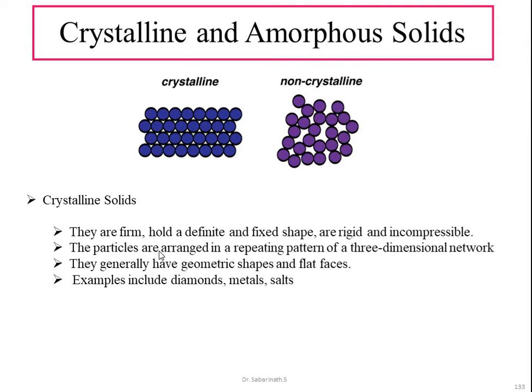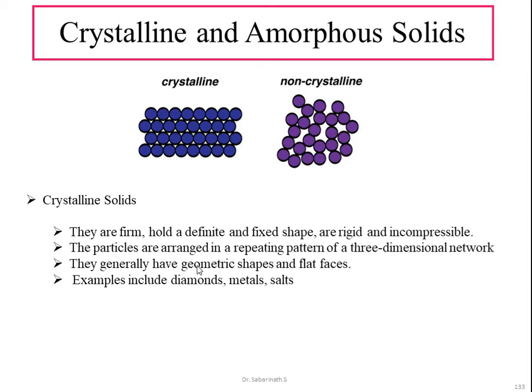The particles are arranged in a repeating pattern of a three-dimensional network. This is a two-dimensional representation, but if we imagine a three-dimensional representation, we can see an arrangement of repeating units. That's the peculiarity of crystalline materials.